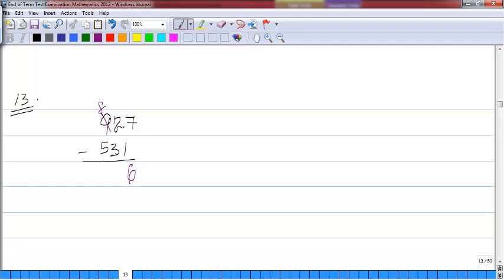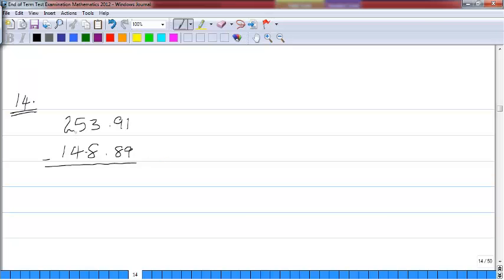So 3 from 12 will leave me with 9, and 5 from 8 will leave me with 3. My answer should be 396, which is D. So number 13, my answer is 396, D.